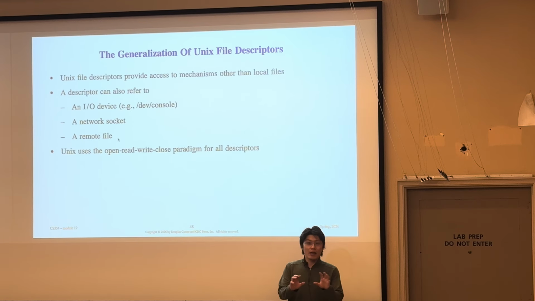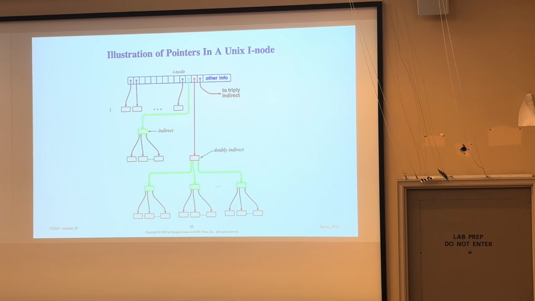And if you have a double indirect, again, your file size grows exponentially. Every level of indirection you have, the file size limit grows exponentially. So far, people really need a larger file than what can be provided by triple indirection. So that's why inodes in most modern operating systems only have a triple indirection.